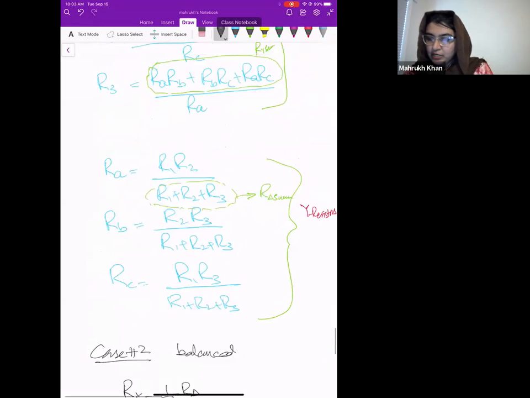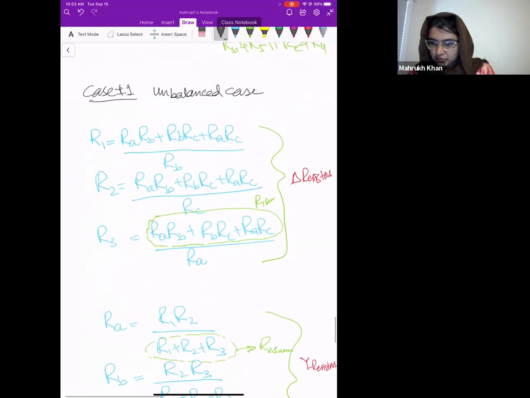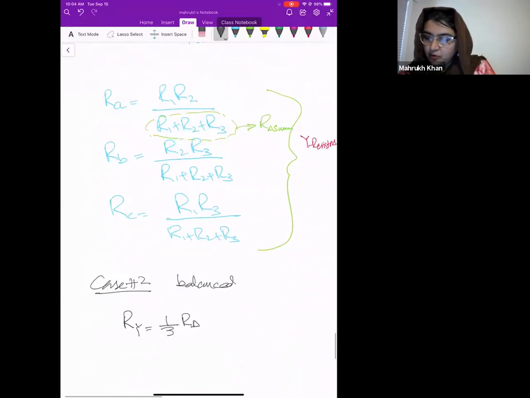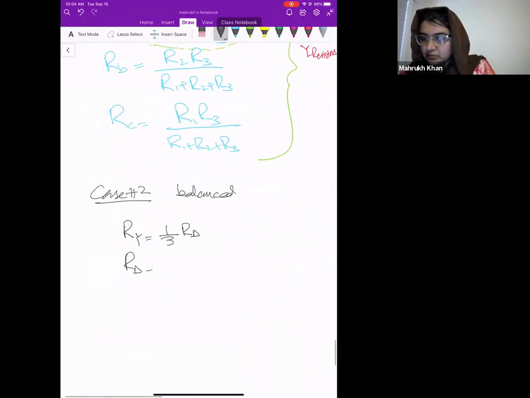And similarly, the delta resistor will be 3 by 1, so the delta resistor is equal to 3RY.